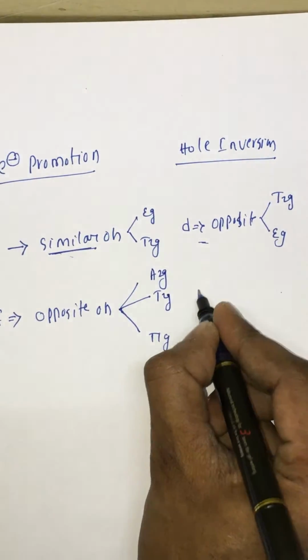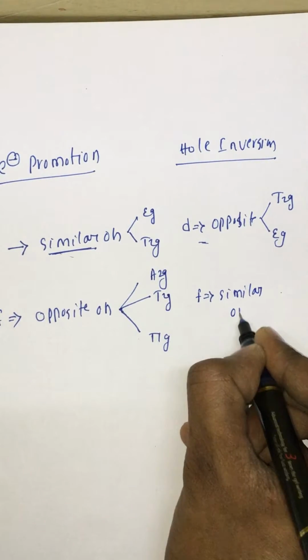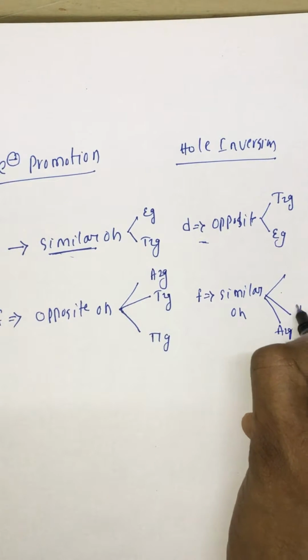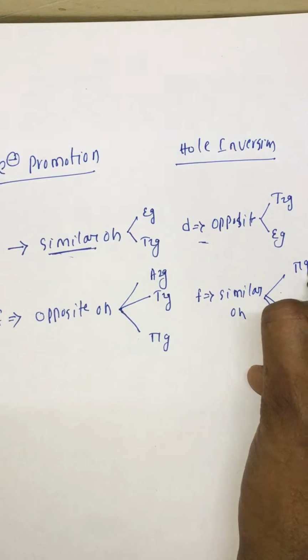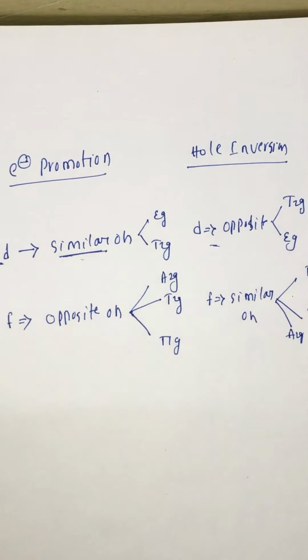And for hole inversion, the F term will be similar to octahedral. That means this is A2G, T2G, T1G. Okay, if you can remember this one, it's very easy to plot Orgel diagrams.